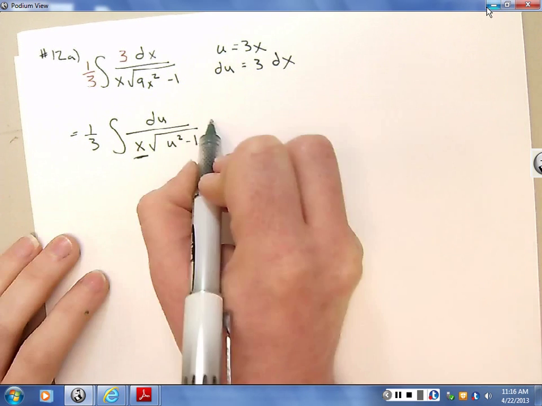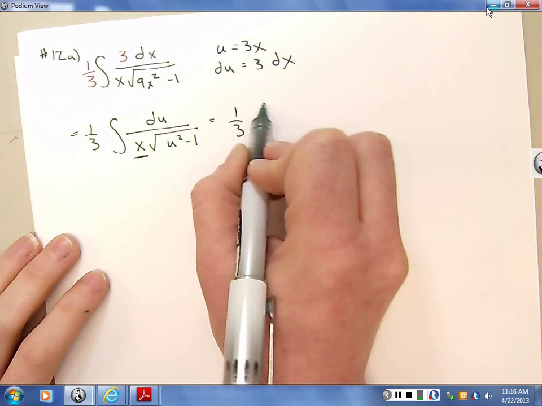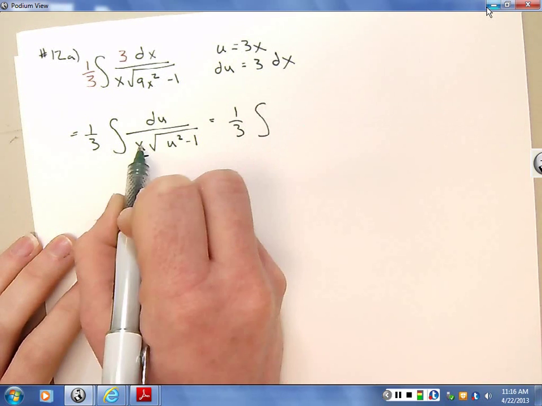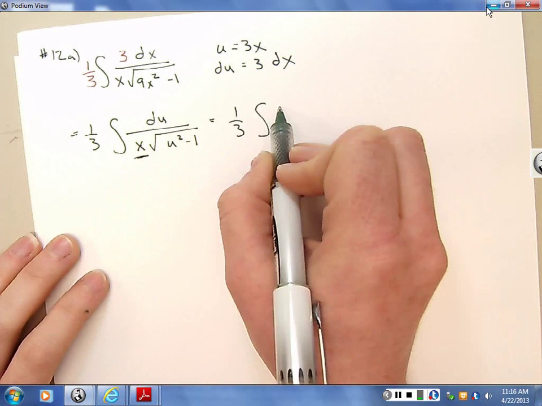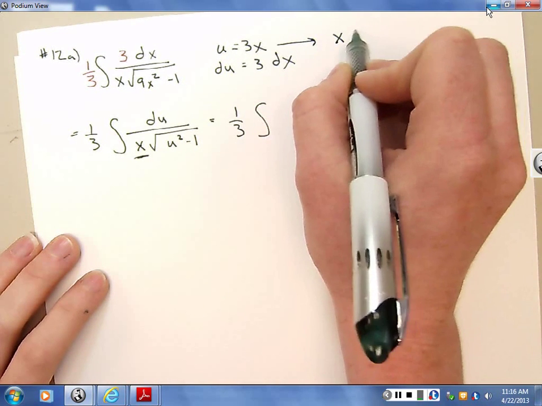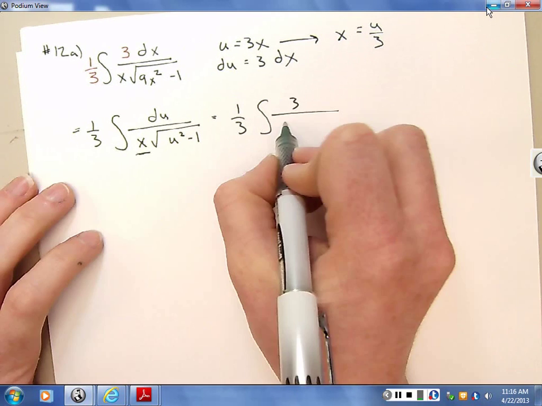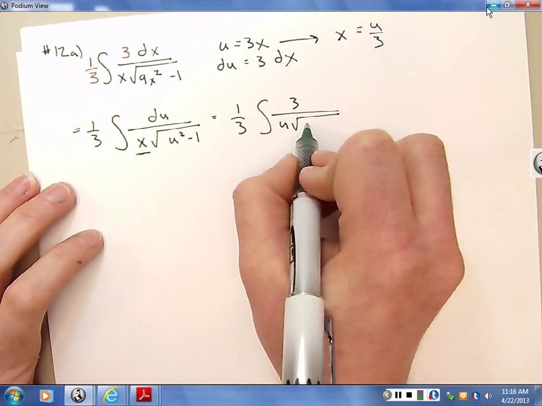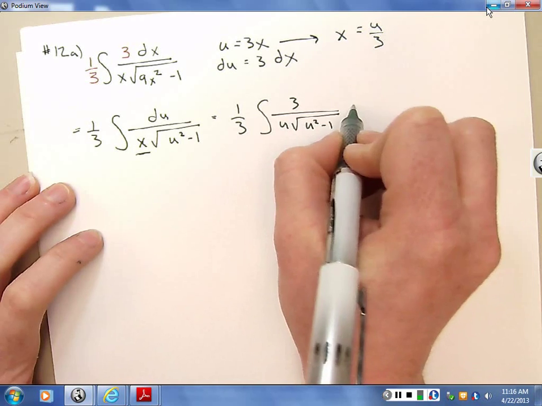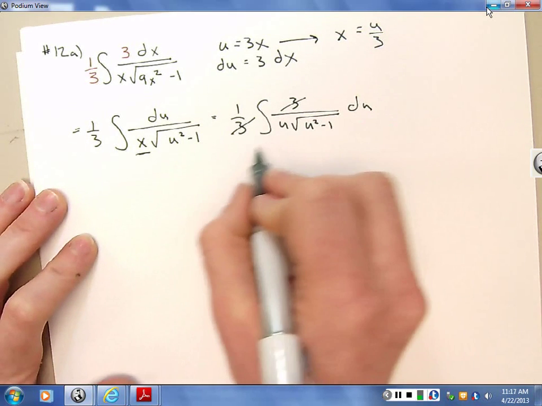Okay, so 1/3 the integral of, if I had u over 3 here, just put the 3 on the top. So then I have 3 over u, the square root of u squared minus 1 du, right? The 3's would cancel at that point. Do you know this form?